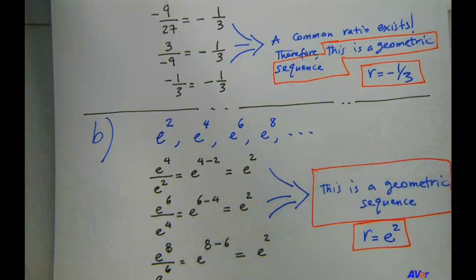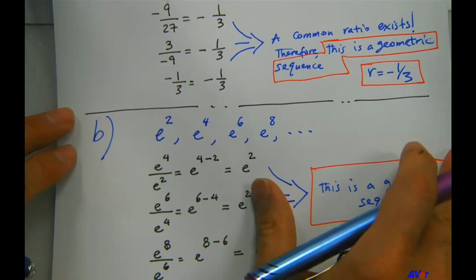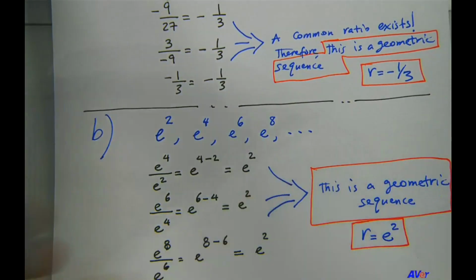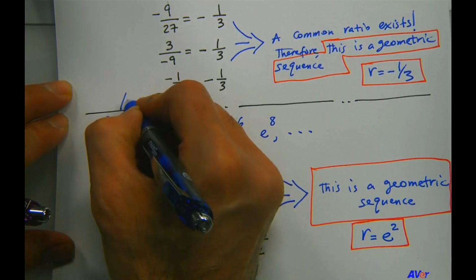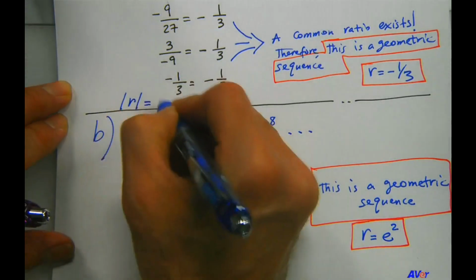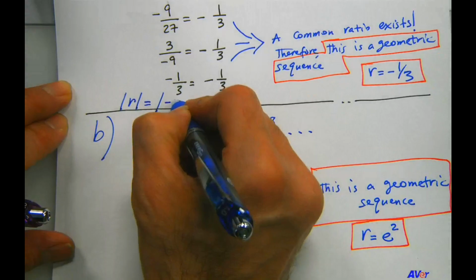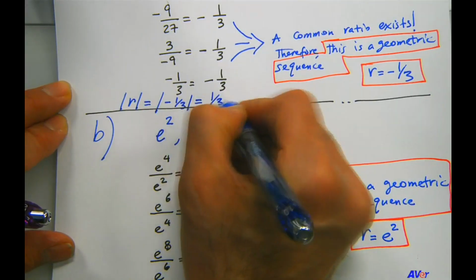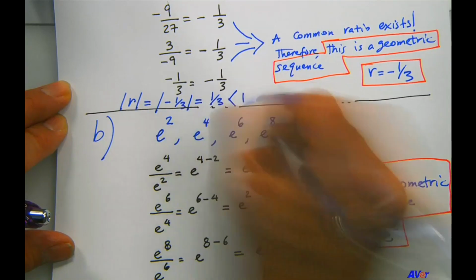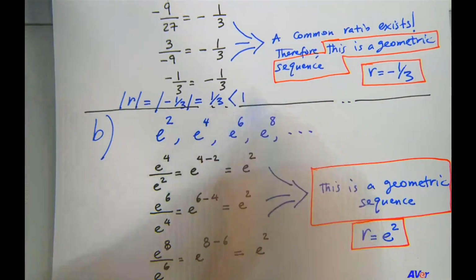So let me explain it this way. The absolute value of R is equal to the absolute value of minus 1/3, which is equal to 1/3, and this is less than 1, right?